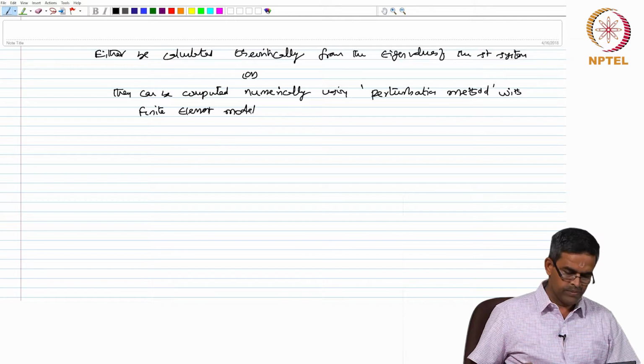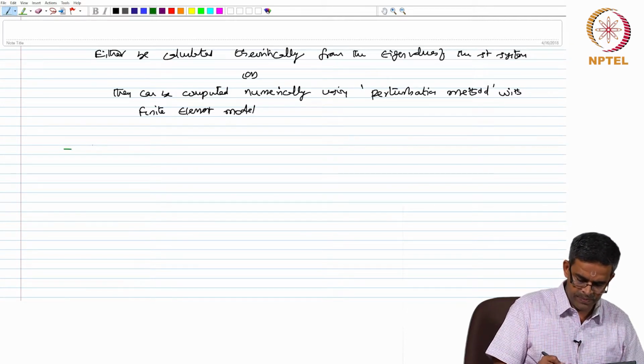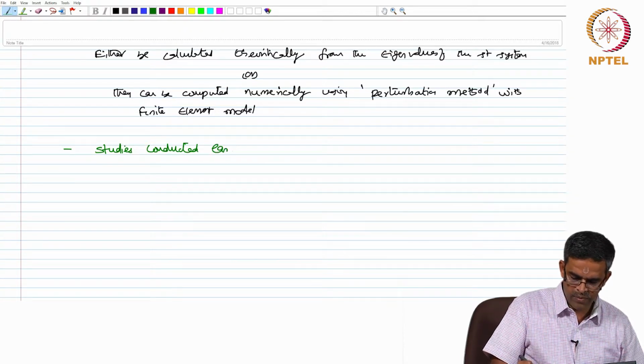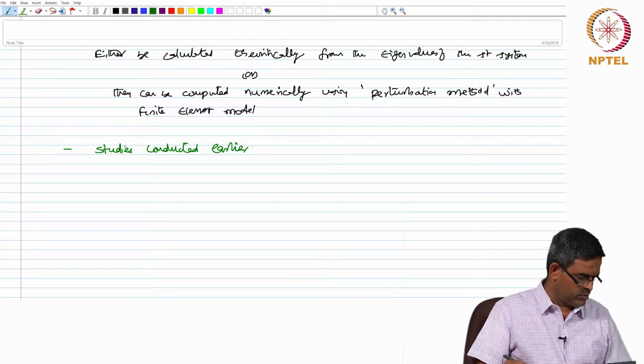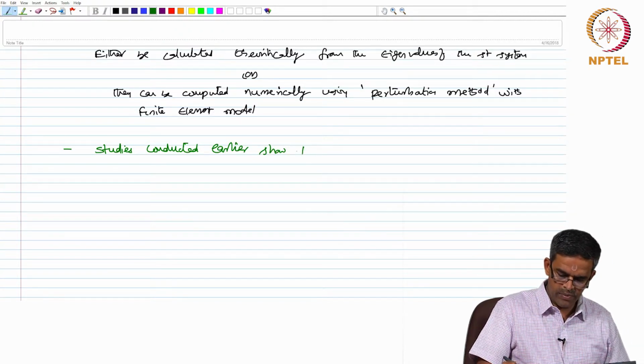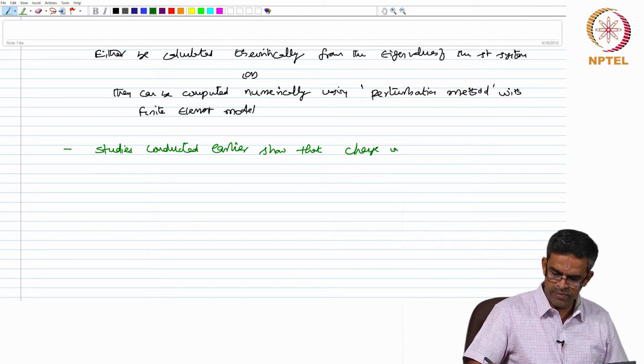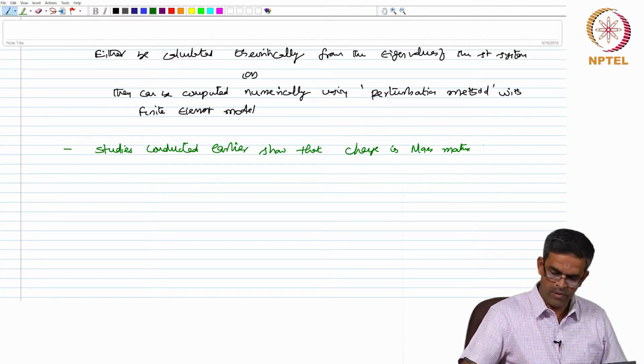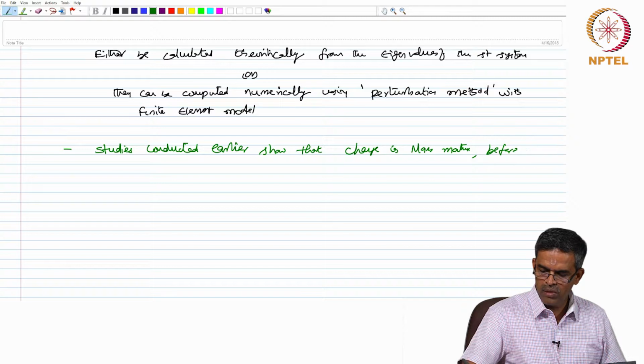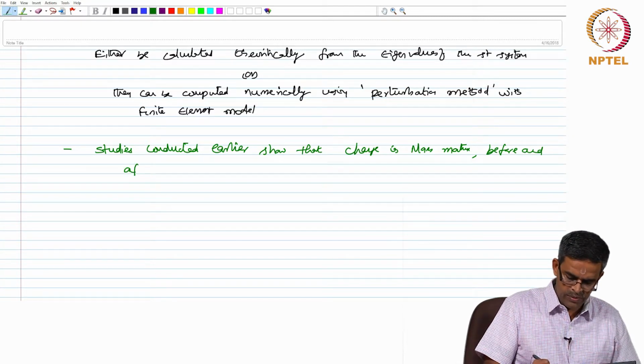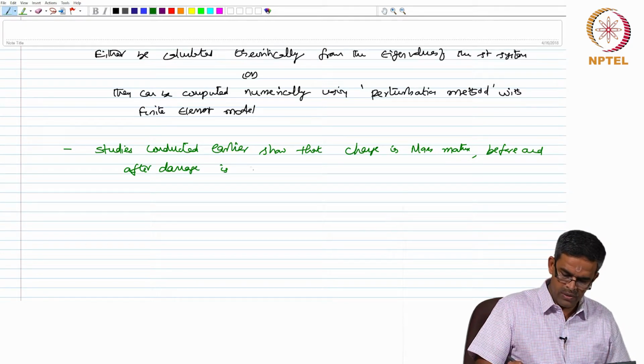However, research studies conducted earlier show that change in mass matrix before and after damage is negligible.